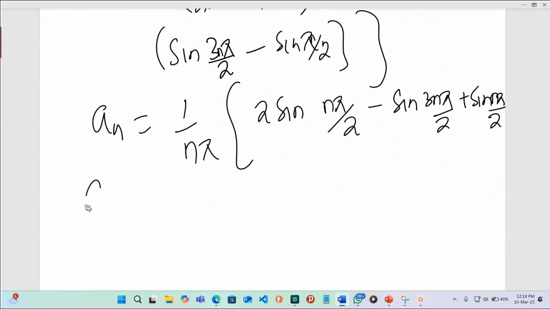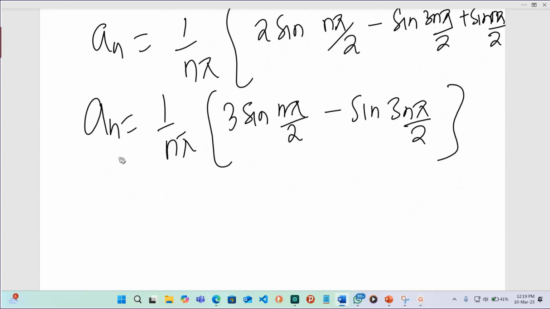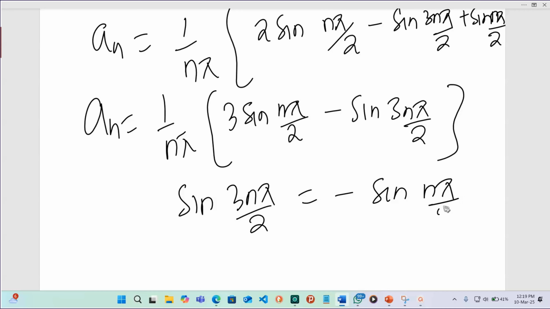So this an, a sub n, will be 1 over n pi into this, and that becomes 3 sine n pi over 2. Then we are going to deduct sine 3 n pi over 2. But sine 3 n pi over 2 is equal to negative sine n pi over 2.